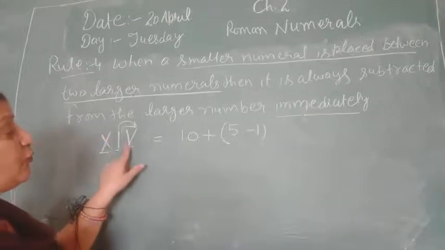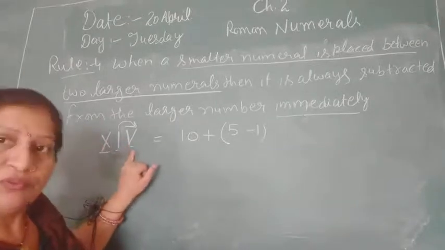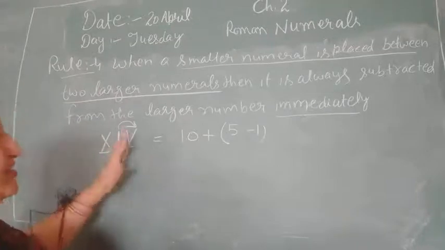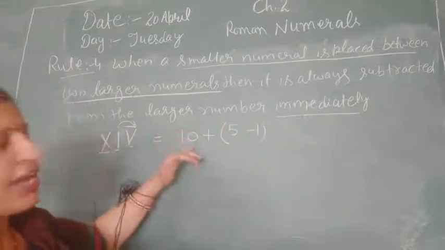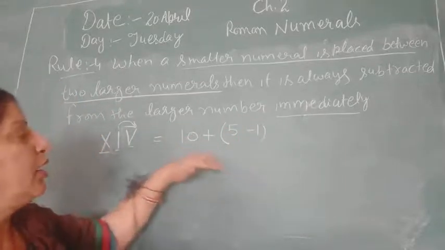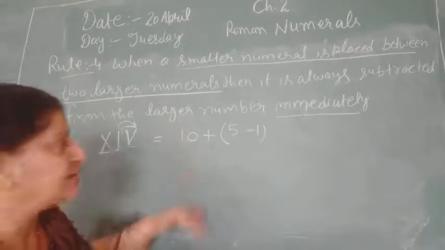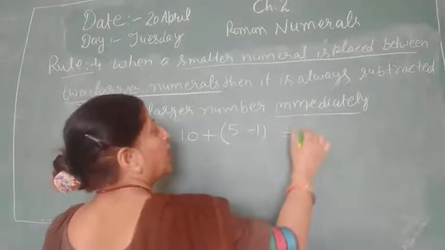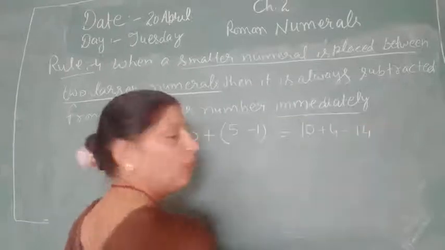Because we subtract 1 from V. V में से हमने 1 को subtract किया है. After that we have to add this number to the first larger number, that is X, and it is equal to 10. Now our number becomes 10 plus 4, that is equal to 14.